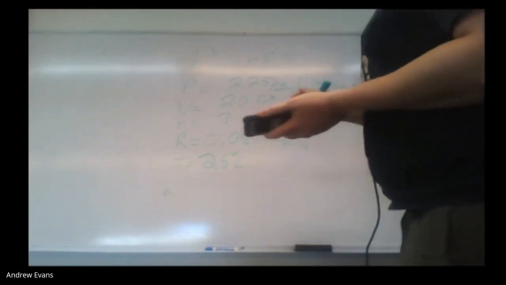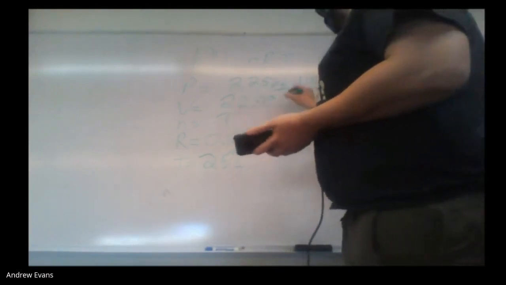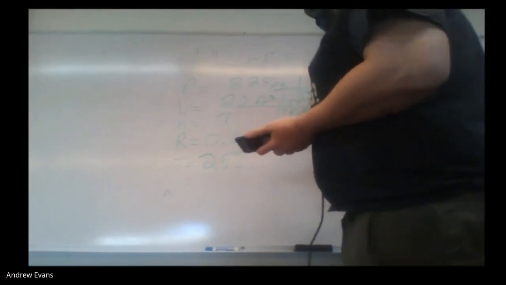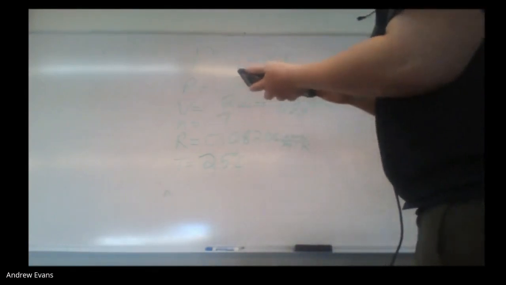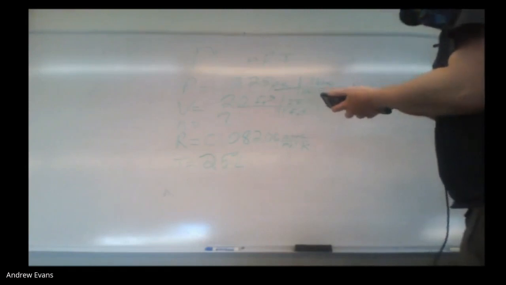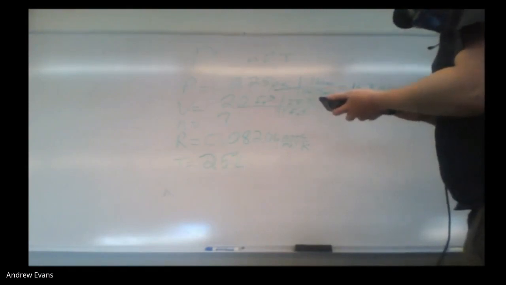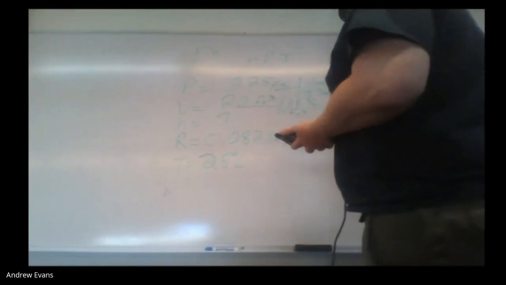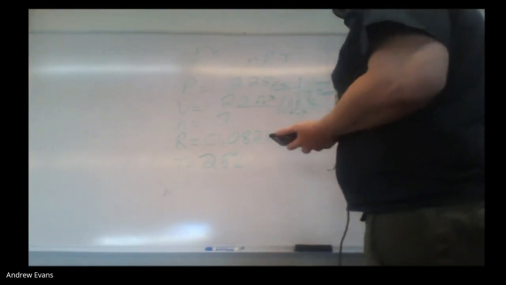20 cubic foot, I say in 1 cubic foot, we have 28.3 liters. So 20 cubic feet is going to be 566 liters.